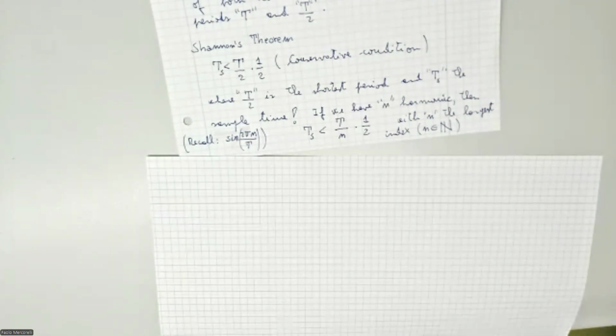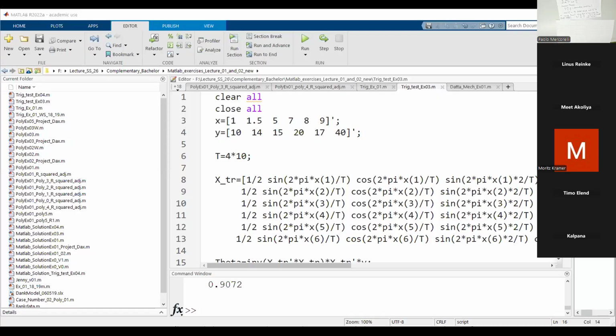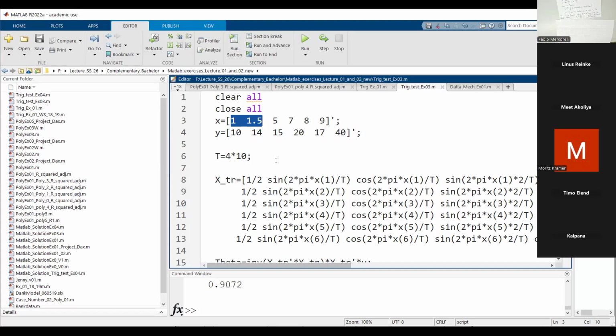Where is MATLAB? What happens here? It's exactly the case. We have here Ts equal to 1 divided by 5, but here Ts is 3 divided by 5, right?